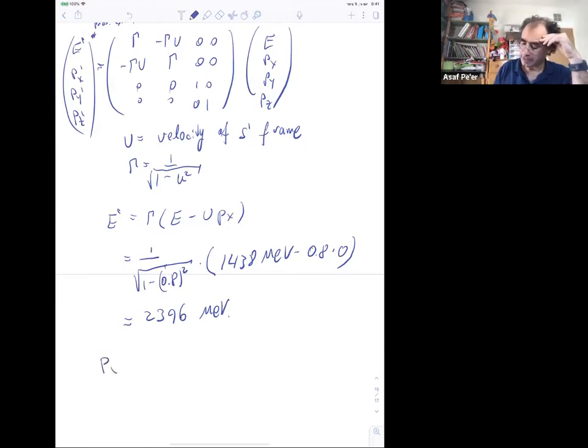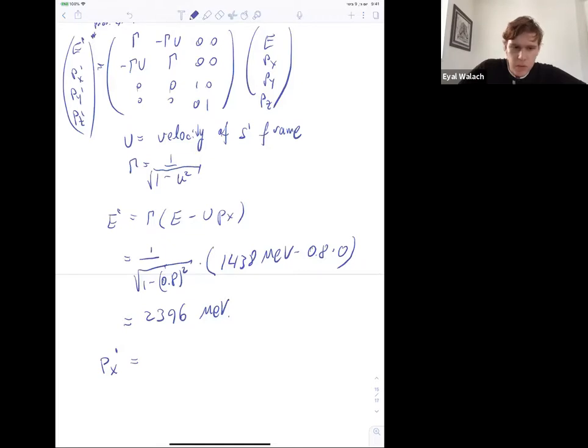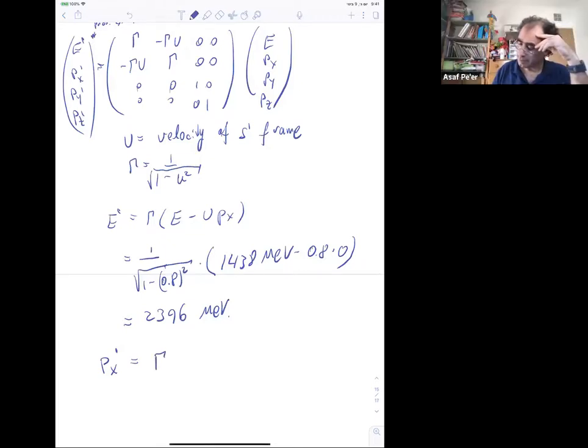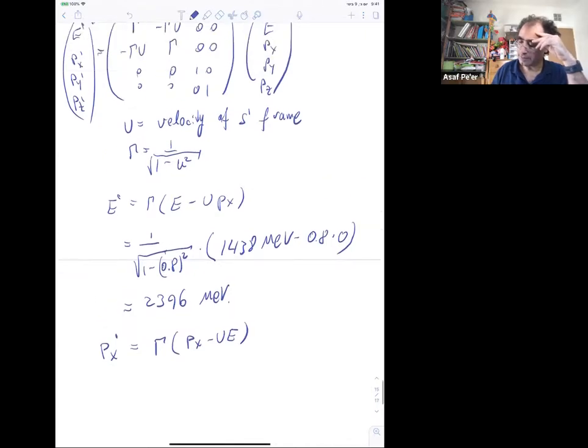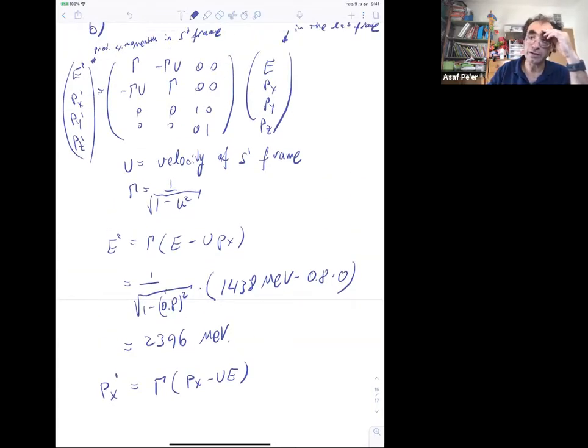What is Px prime? It's Gamma times Px minus UE. You all see that? It just follows from the matrix multiplying the four-vector.